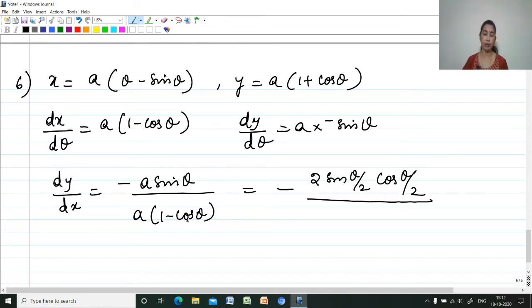Same way 1 minus cos theta: 1 minus cos 2 theta is 2 sin square theta. So 1 minus cos theta is 2 sin square theta by 2. Common terms can be cancelled. 2 getting cancelled, remaining minus. Then sin theta by 2 also will get cancelled, remaining cos theta by 2 by sin theta by 2. The answer will be cot theta by 2.